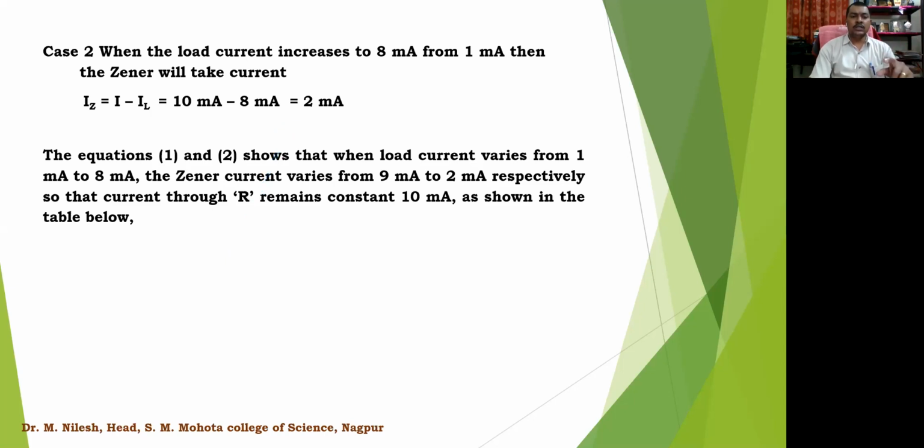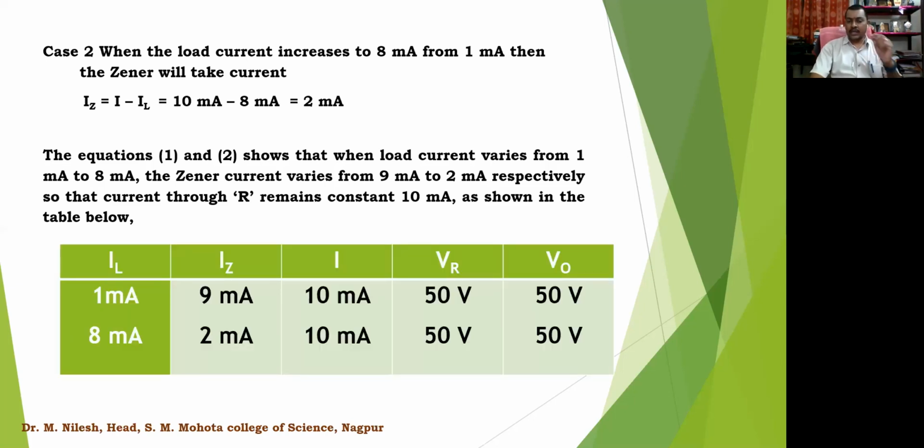So equations 1 and 2 show that when the load current varies from 1 milliampere to 8 milliampere, the Zener current also varies from 9 milliampere to 2 milliampere respectively, so that the current through R, the series resistance, remains constant, that is 10 milliamperes, as shown in this table. Since the output voltage should remain constant, we are regulating only the output voltage.